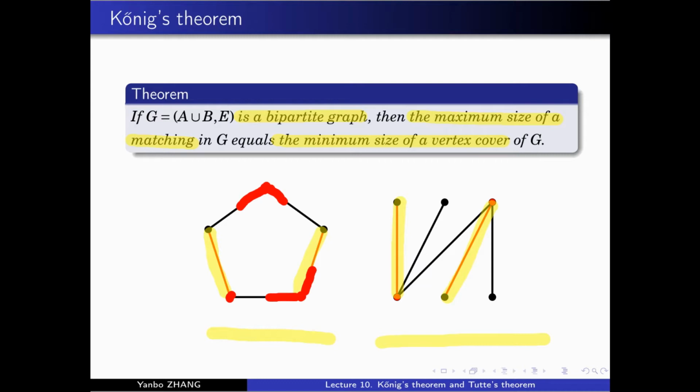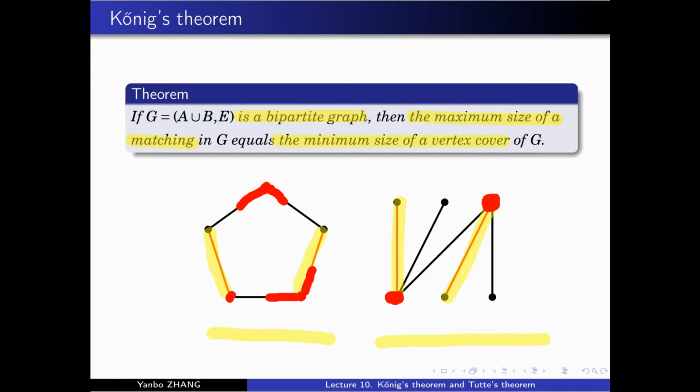In the right bipartite graph, we can find a vertex cover with 2 elements. Every edge has 1 end in either this vertex or this vertex. So in this graph, the maximum size of a matching equals the minimum size of a vertex cover. Kőnig theorem tells us that this property holds for all bipartite graphs.